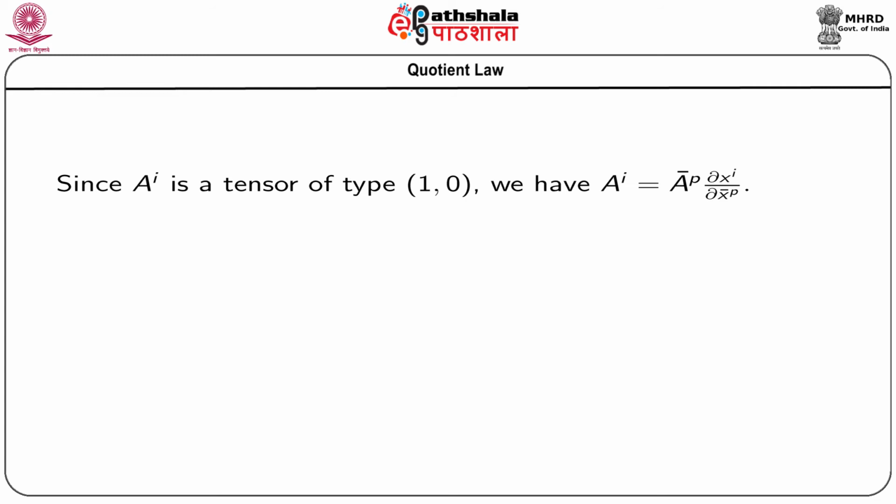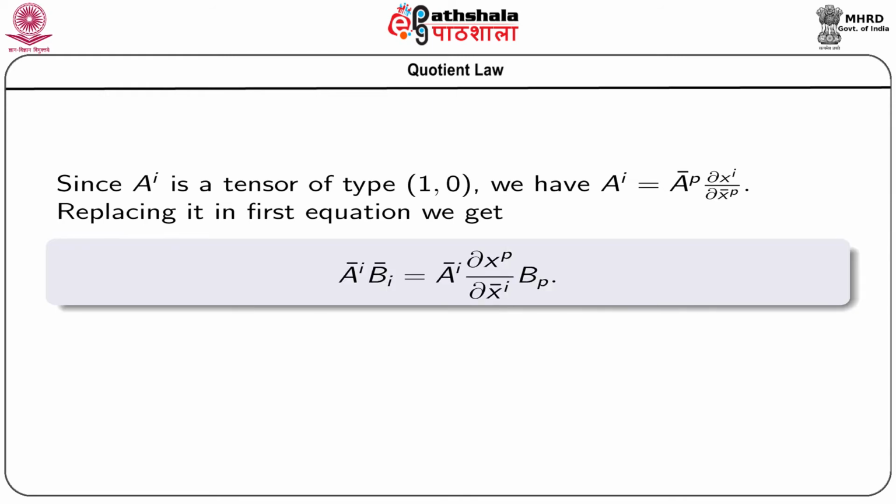Since Ai is a tensor of type 1, 0, by the transformation rule, we can write Ai equals A bar p del xi del x bar p. Replacing it in the first equation, we get A bar i B bar i equals A bar i del xp del x bar i Bp.